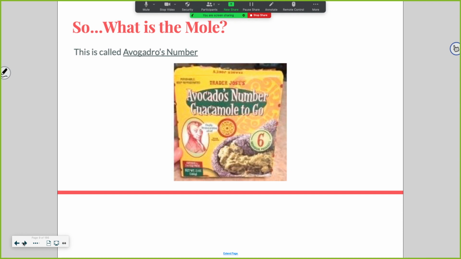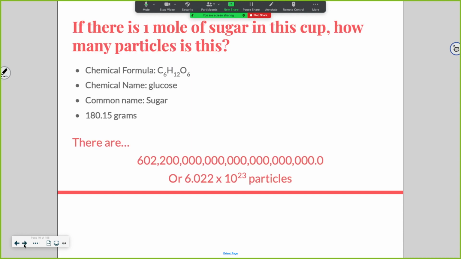So, Avogadro's number. If I add a little picture here, here's your cup, and you've got some sugar in your cup, okay? Little teacup.